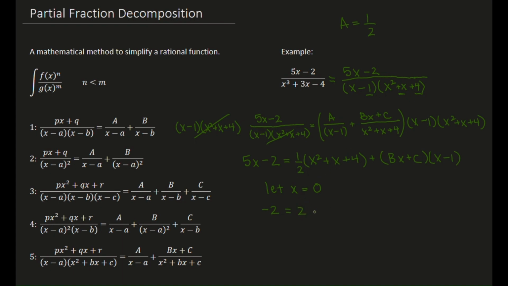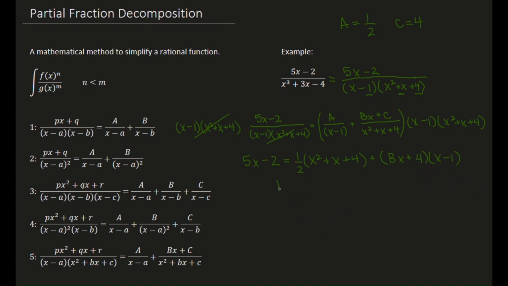It's b times 0, which is just 0, right? Plus c times 0 minus 1. So c equals positive 4. I'm going to substitute out c and put in 4.